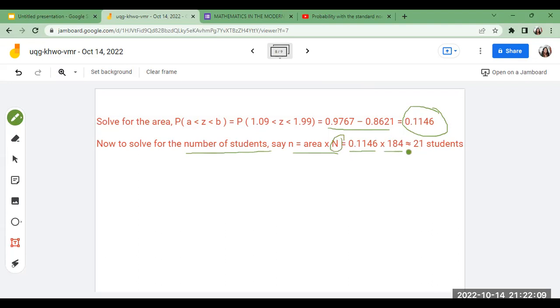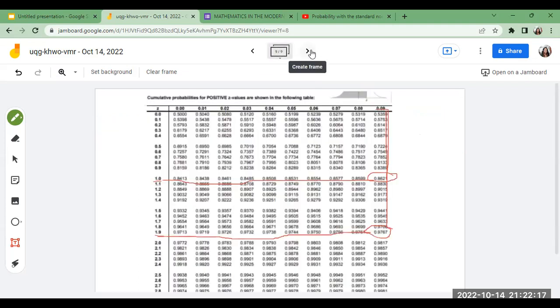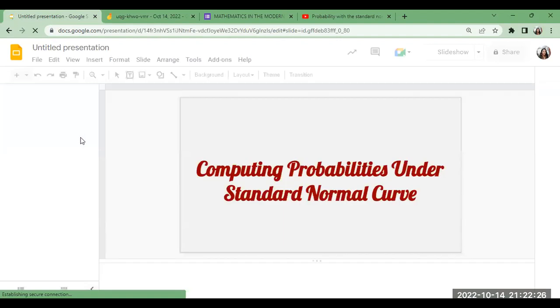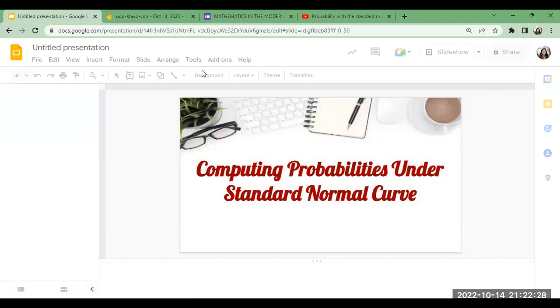And that is approximately equal to 21 students. Okay, so that's for computing probabilities under the standard normal curve.